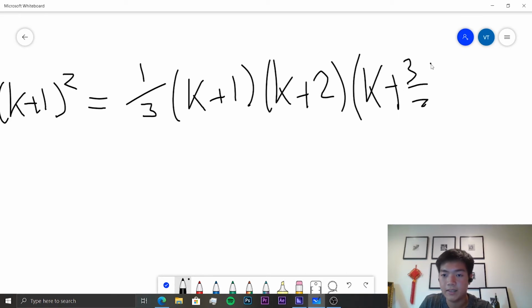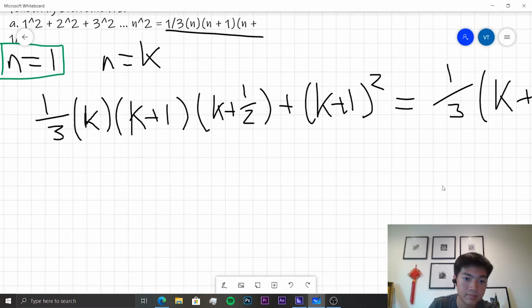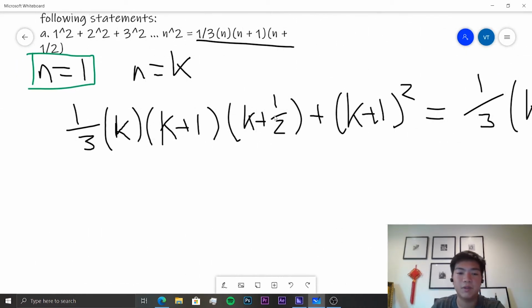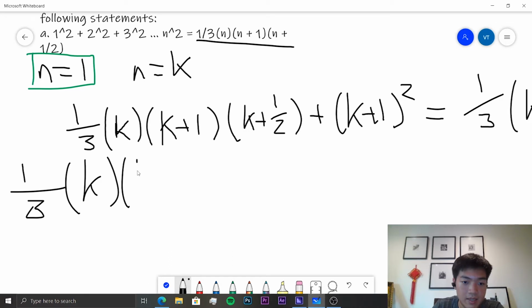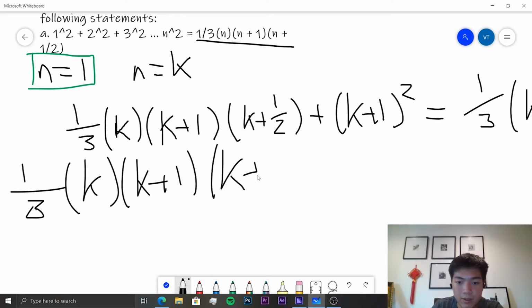So let's see if we are correct. We'll manipulate this side only. So we have k plus 1 squared. So this is 1/3 times k times (k plus 1) times (k plus 1/2) plus k plus 1 squared. Well, actually, hold on.